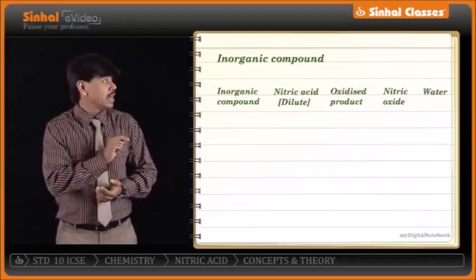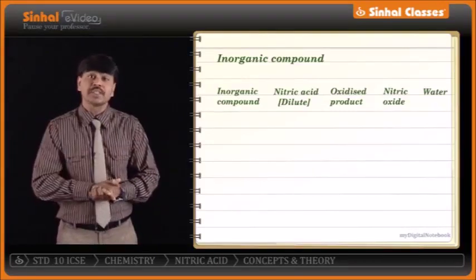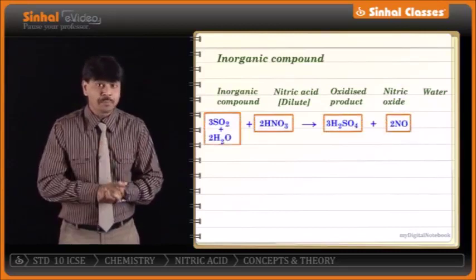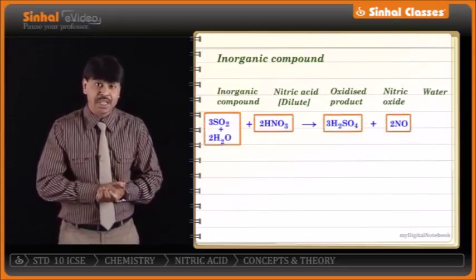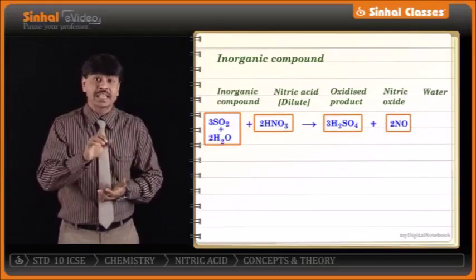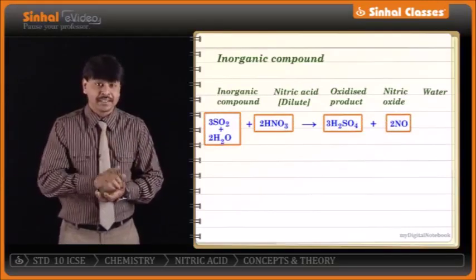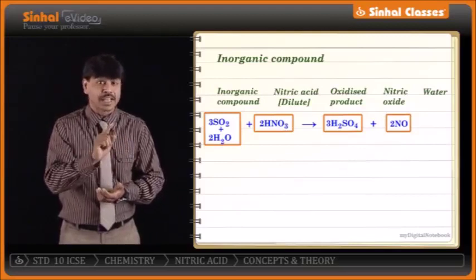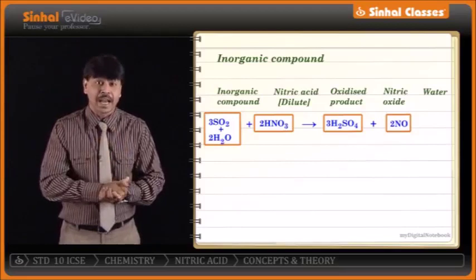This reaction is possible in the presence of water. So SO2 plus H2O along with dilute nitric acid will give you H2SO4 plus nitric oxide. That is, whenever you take nitric acid in the dilute form, you will get nitric oxide.